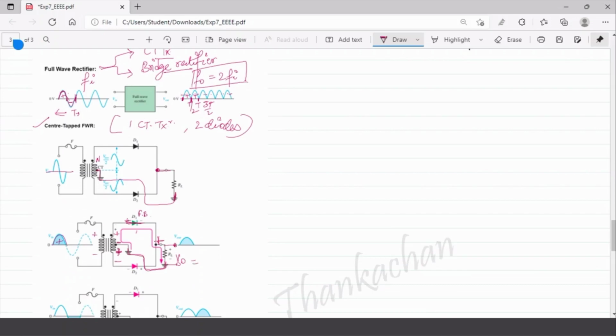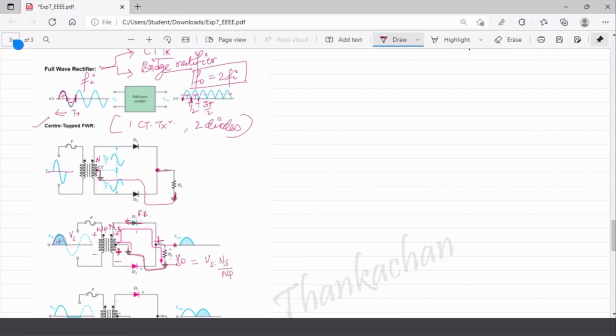Let's say the number of turns is Ns on the secondary, and on primary it is Np, right? So whatever the voltage which is coming here is Ns divided by Np times the input voltage, so Vs times Ns divided by Np.